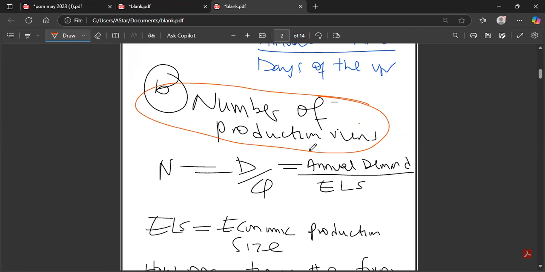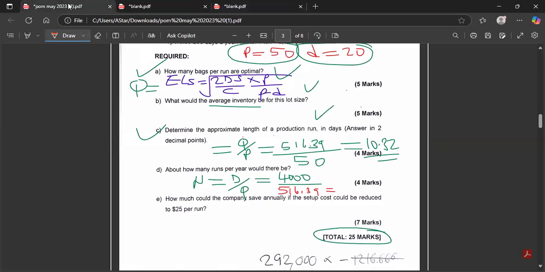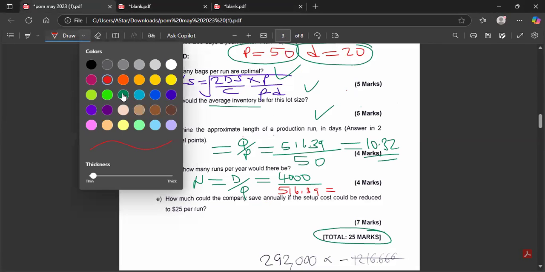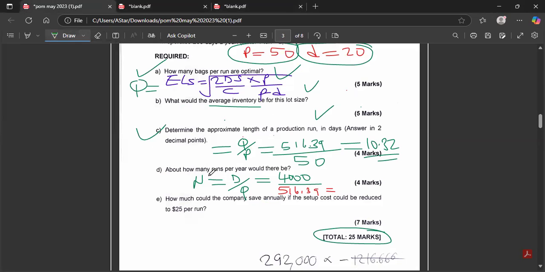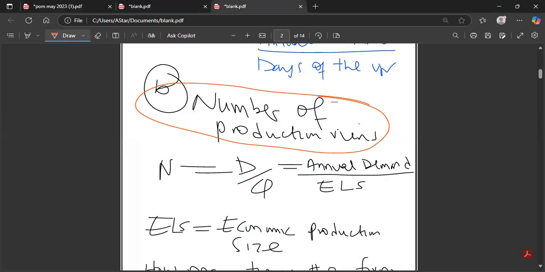Mr. Stain, what is the secret of knowing? Because the way they're asking questions, they are not asking directly, like number of production runs. How are you relating it? Okay, boss, that's a very good question. So when they ask how many runs there would be, they are simply saying how many production runs there are. They know that if they tell you that, you get it right straight away. So number of production runs to meet demand: how many times are you going to produce to meet demand? You get the point, right?